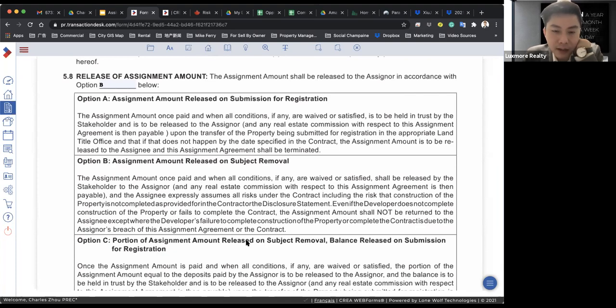So they paid, for example, 100,000 on the deposit. But now if you pay them maybe 50% of what they already paid, they would let it go. Sometimes the assignor would only take back 10% or even 5% of what they have already paid on deposit, and they would let it go. So that's totally fine.